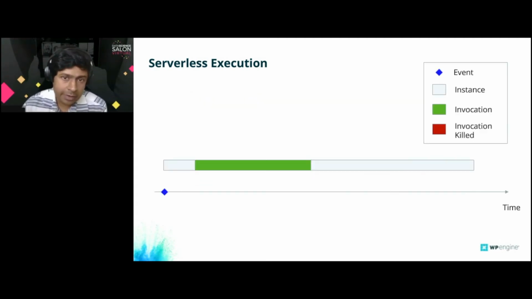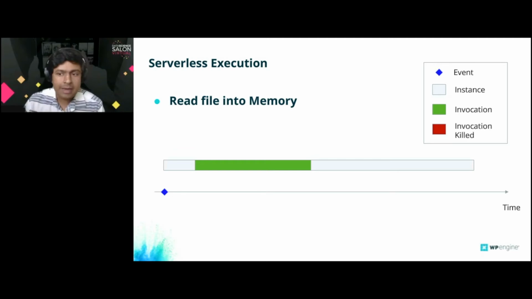Now let's look at another scenario. Let's assume that your function needs to read a file from a storage bucket into memory. Now let's assume that 128 megs is what we allocate to the function, and that 95% of the time, the file is small enough that 128 megs is more than enough to read the entire file into memory. But occasionally we get a big file, and when we read that big file into memory, we exceed the 128 megs that's allocated.